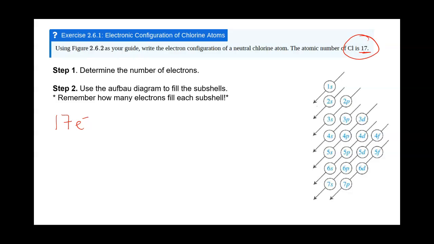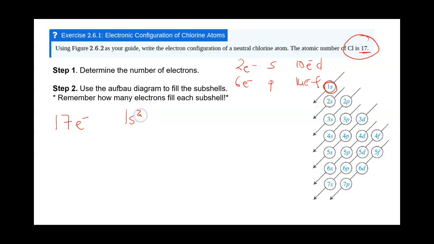And now we just have to fill up the electron configuration, remembering that we get 2 electrons in an S subshell, 6 electrons in a P, 10 electrons in a D, and 14 electrons in an F. So first of all, we're going to fill up the 1s.